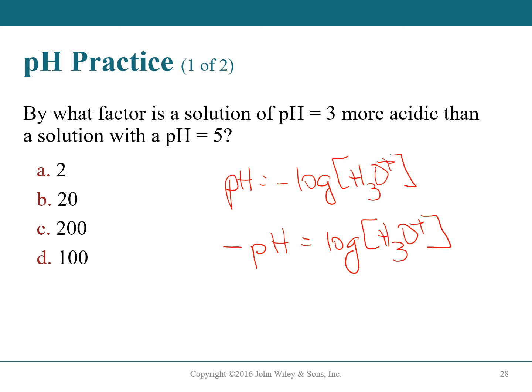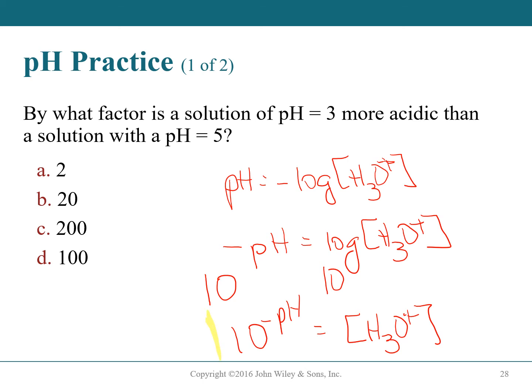Raise both sides to the power of 10. 10 to the log of this is equal to the hydronium ion concentration. And that's equal to 10 to the negative pH. So just be aware, if I'm given the pH, I can get my hydronium ion concentration. If I'm given my hydronium ion concentration, I can get pH. So these two are related. In this case, we're going to solve for the hydronium ion concentration at pH 5 and at pH 3, and then divide the two. So let's do it.